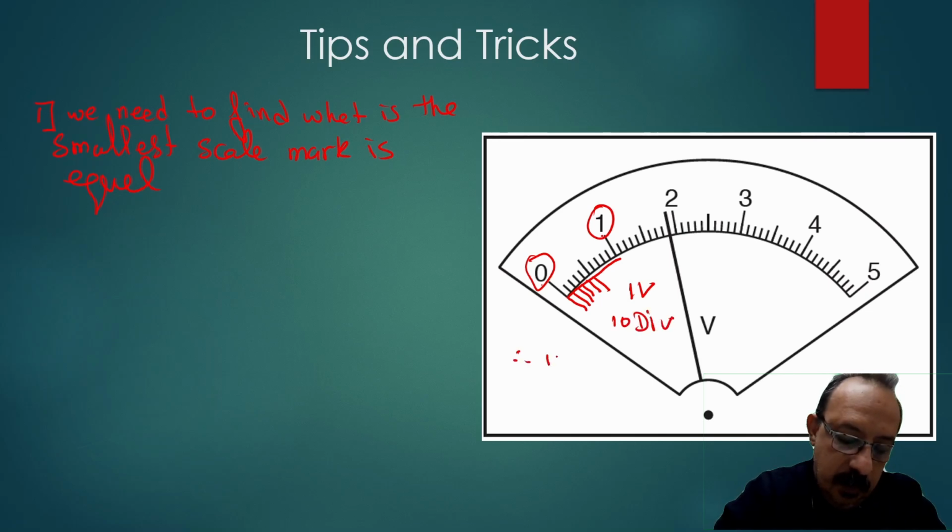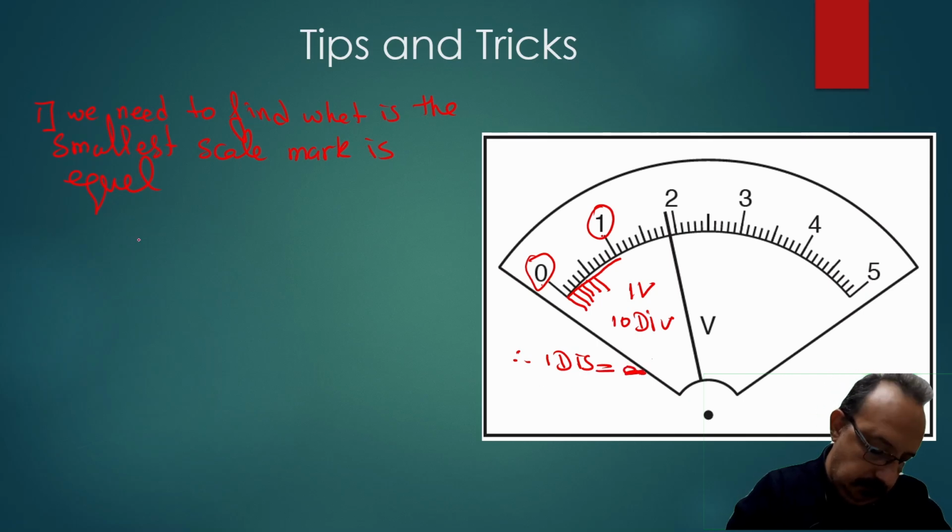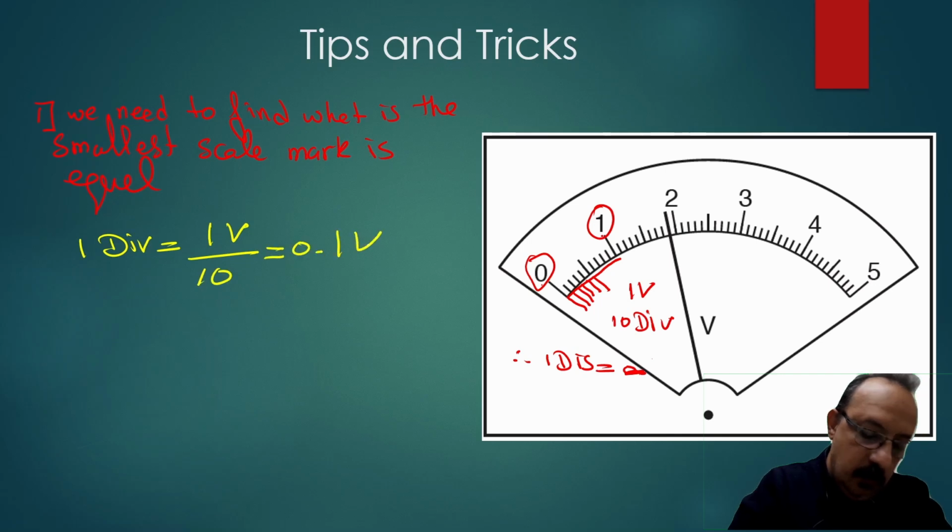Therefore 1 division is equal to 1 volt divided by 10 divisions, which is 0.1 volt. Okay, so each small mark is actually 0.1, 0.1, 0.2, 0.3, 0.4, 0.5, 0.6, so on and so forth.